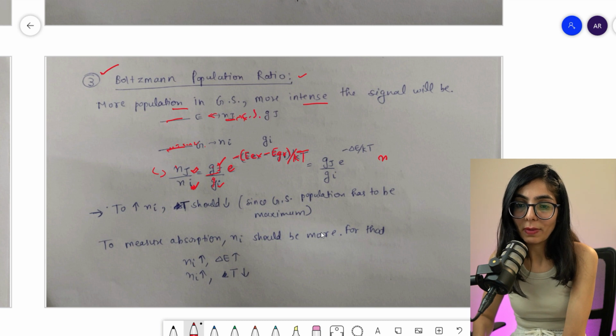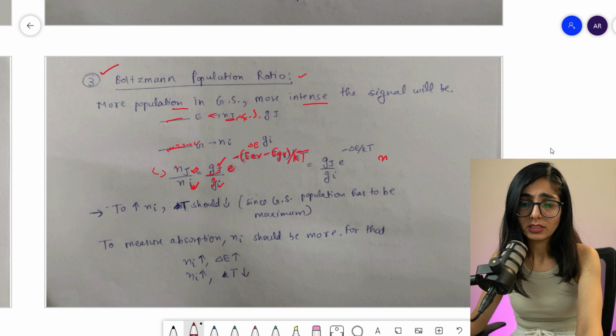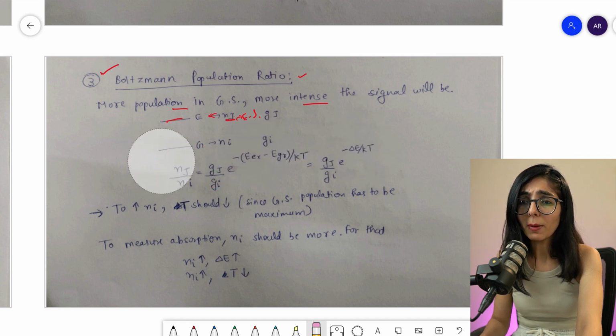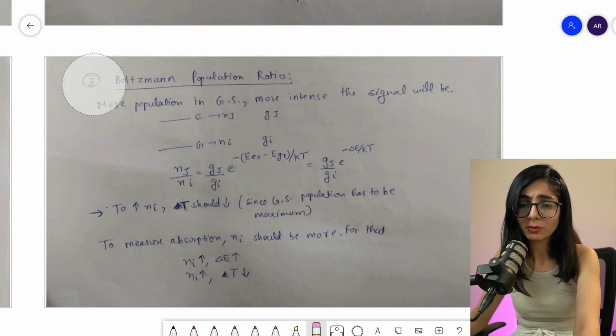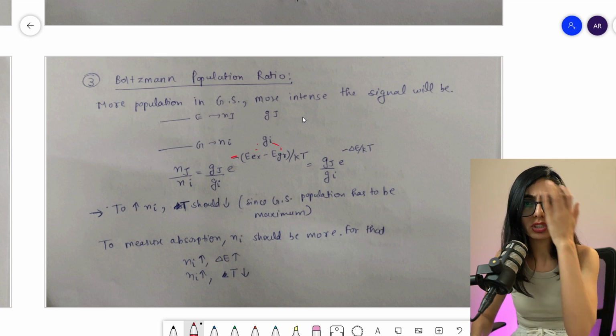And e raised to the power minus, we always write del E, right? So del E will be E excited minus E ground. There are many forms of this formula, but always stick to this one just in case. Many people get confused by the minus sign, and they forget to put the minus, or put the ground state over here and the excited state over here, and mess it up.